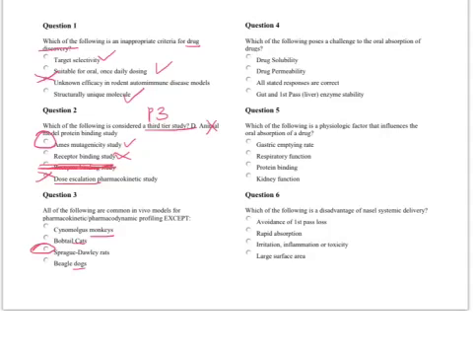Question 4. Which of the following poses a challenge to oral absorption of drugs? So oral absorption means it goes through the mouth, down the esophagus, and straight into the stomach. And the stomach has got acids and various enzymes that help to break down some molecules.